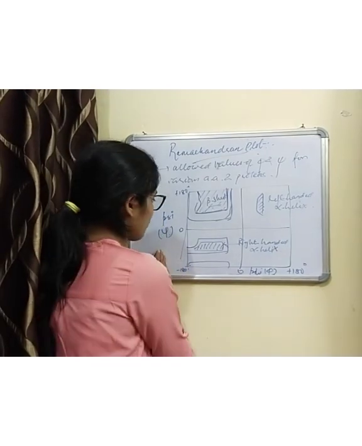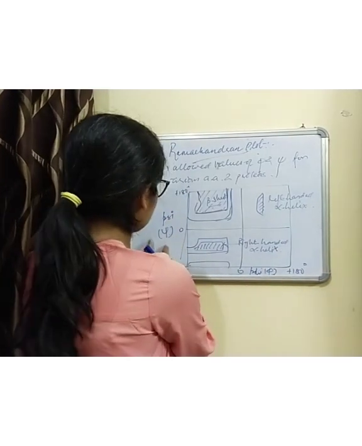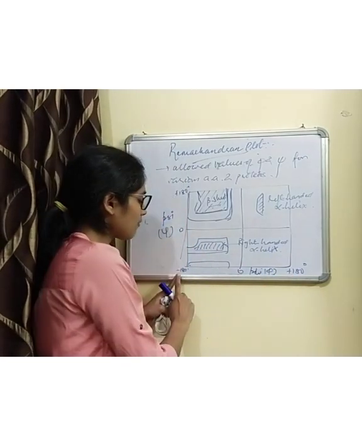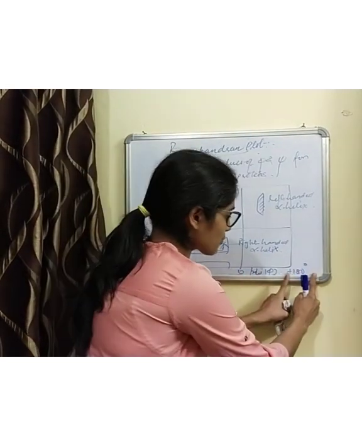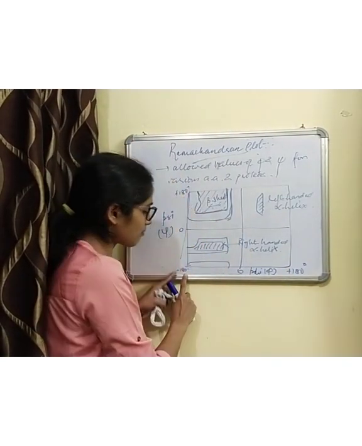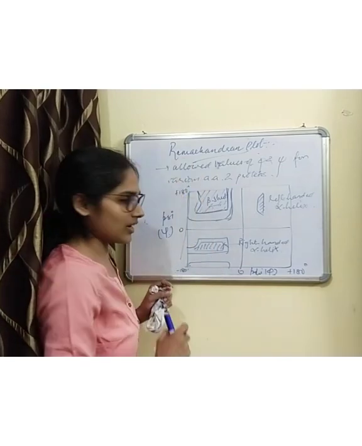This is the Ramachandran plot where the phi and psi values are plotted on a two-dimensional map from minus 180 degree to plus 180 degree for phi, and psi again from minus 180 degree to plus 180 degree.